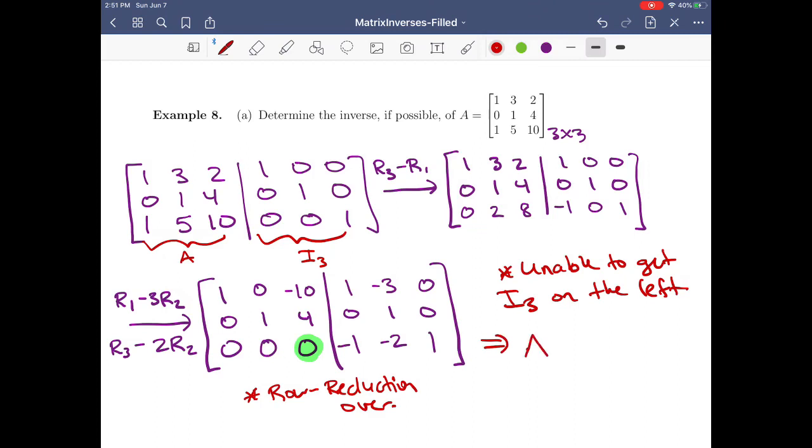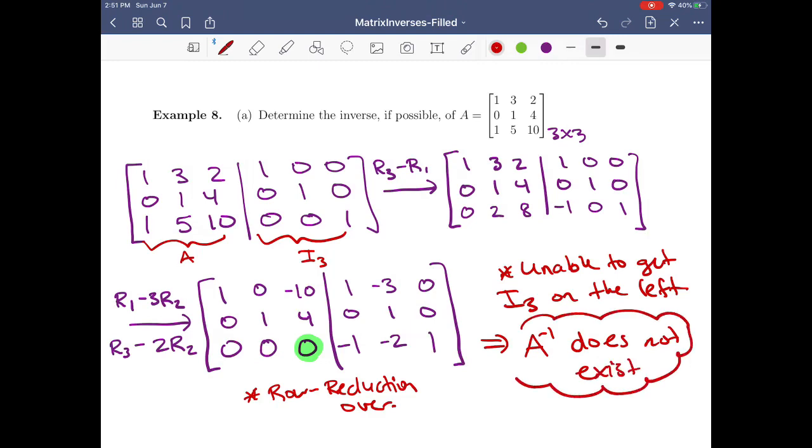What that means is that A inverse for this matrix A does not exist. Because we were not able to row reduce to get the identity on the left, we can conclude that the inverse does not exist.